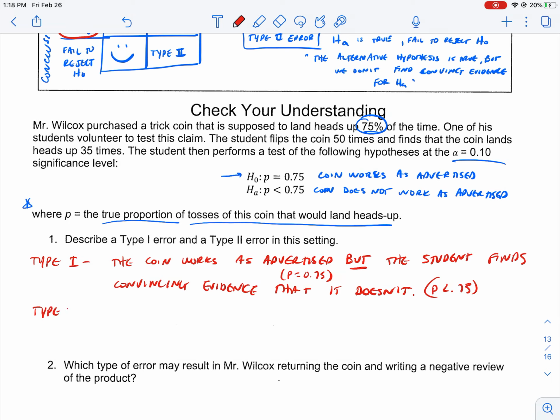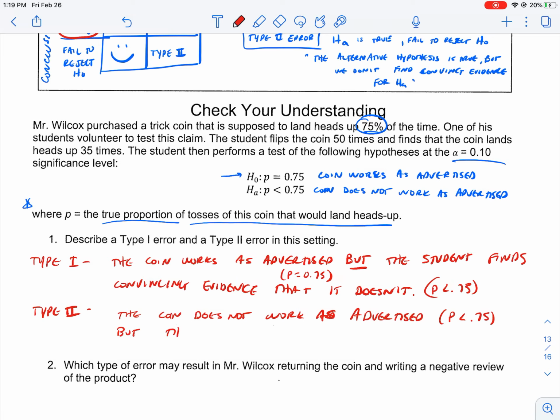A type 2 error would be the opposite, right? So it would be that the coin does not actually work as advertised. Meaning that the true proportion actually is less than 75.